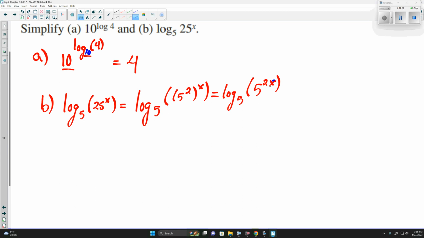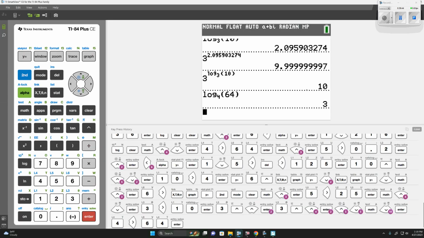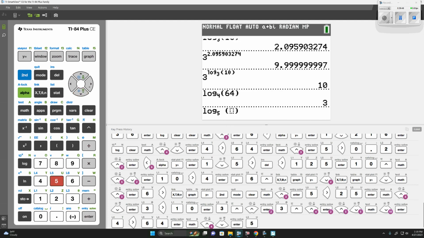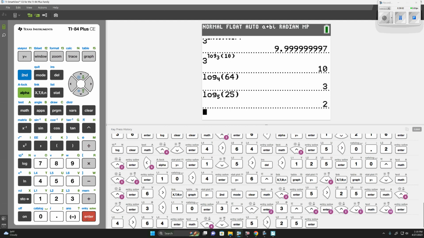So how would log base 5 of 5 to the 2x simplify? It would simplify to 2x, because log base 5 of 5 cancels out and leaves us with just the exponent. And it does work that log base 5 of 25 is indeed 2. Any questions on this here?